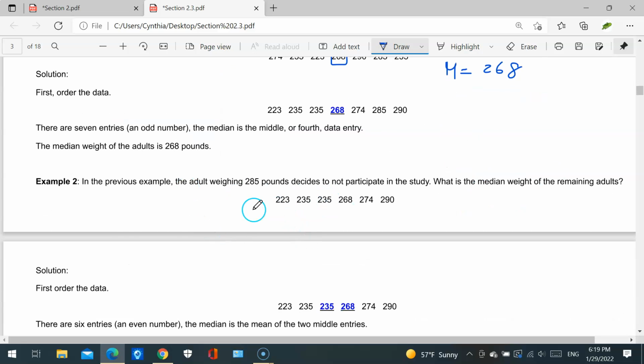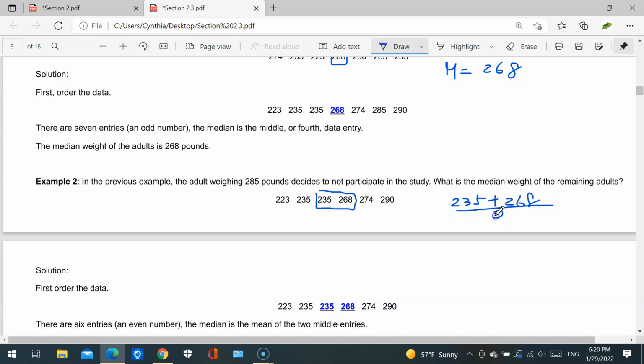If we look at example 2, we have 6 data entries. Because n is an even number, we take the middle 2. And then you add these 2 and divide by 2.